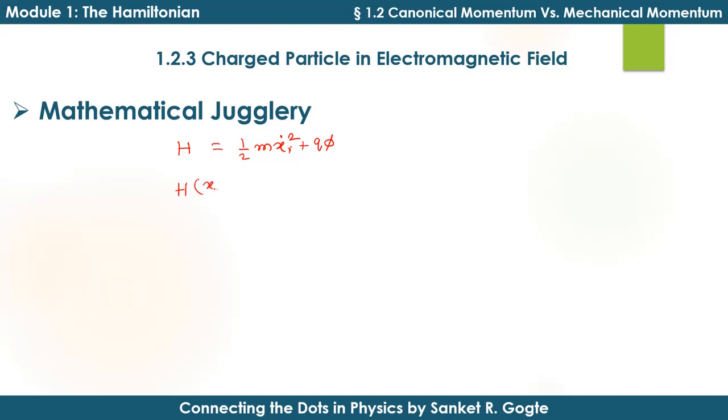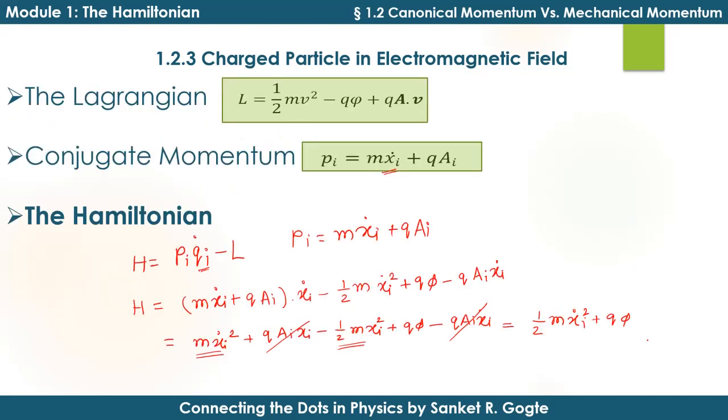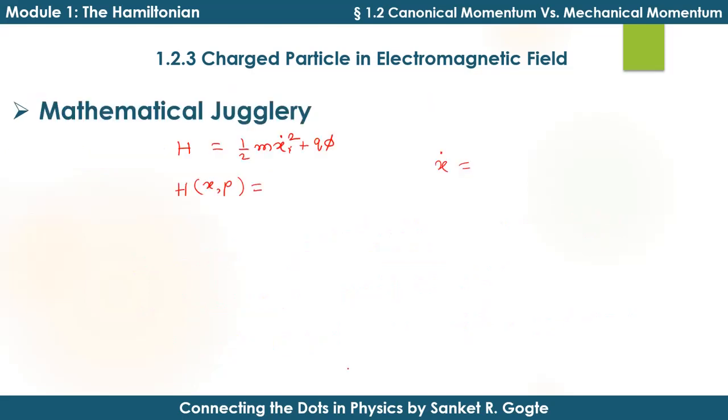Remember, it has to be written in terms of x, p. For that, I can use the relation for canonical momentum. From this canonical momentum, if I rearrange the equation, I can write xi dot as pi minus q ai divided by m, and that xi dot I will now use in this equation.